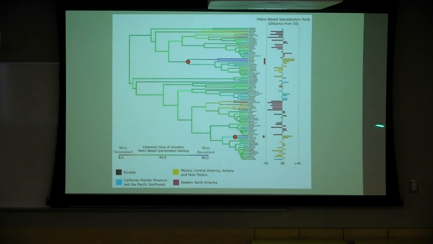And what you see is that if you go back one, two nodes, the ancestor is almost always estimated to be a very slightly generalized species, which supports our initial thinking that this genus is maintaining some level of generalization, expanding into new territories, and then specializing once it gets into these increasingly different places.